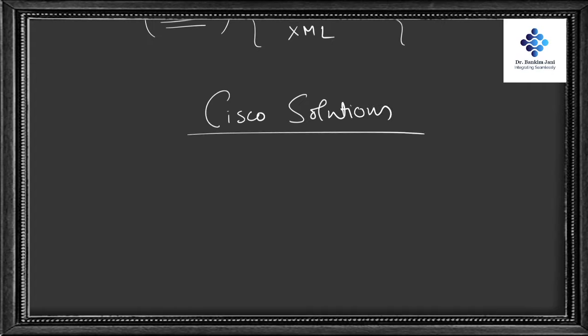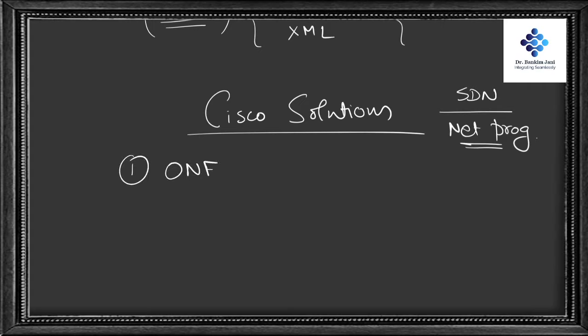Now, for this we have to go back slightly in history. Software defined networks and network programming, the concept was very good, but it was not started by Cisco. It was started by a foundation called the ONF, Open Network Foundation, right?